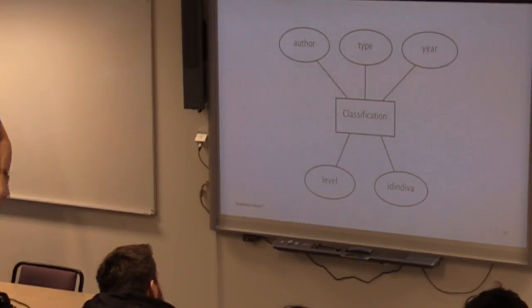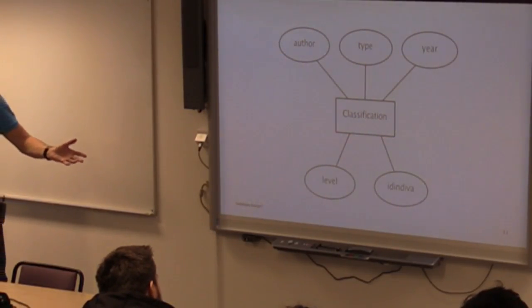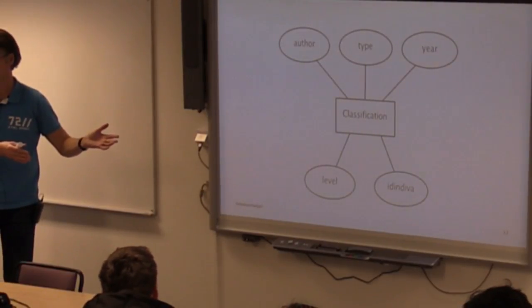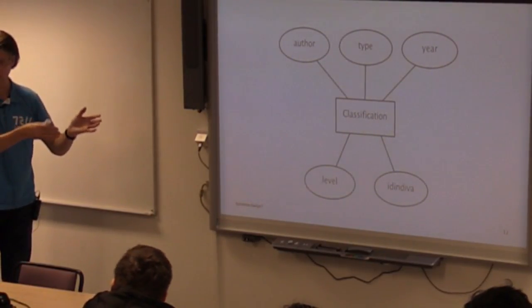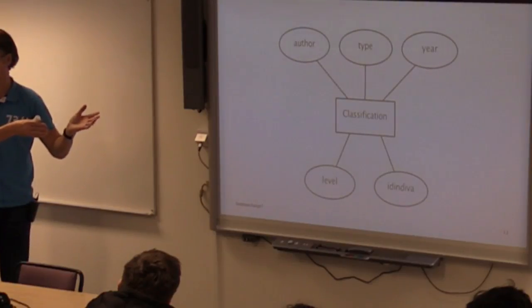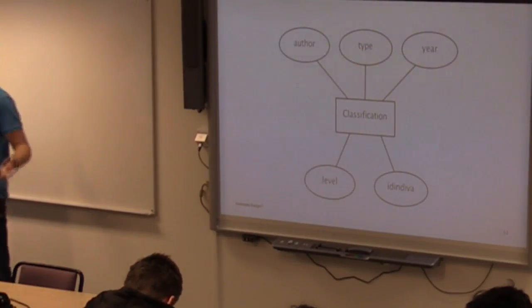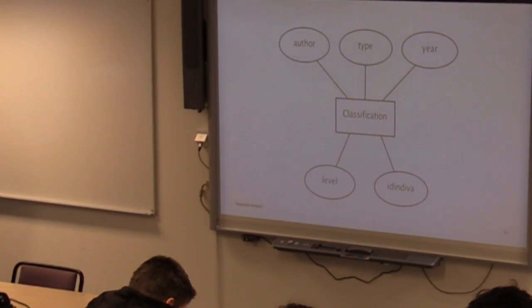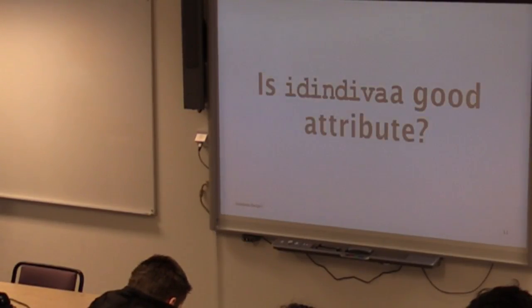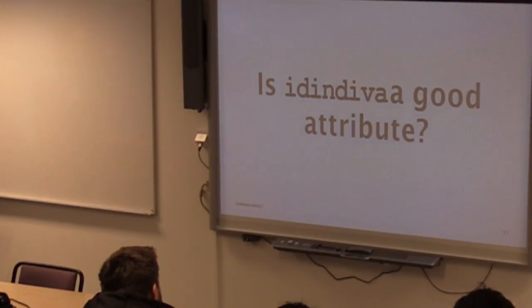So don't be afraid to start somewhere. It's better that you start modeling than being afraid and not starting. So this is where we started. The first question here is, is that ID used in DIVA a good attribute?